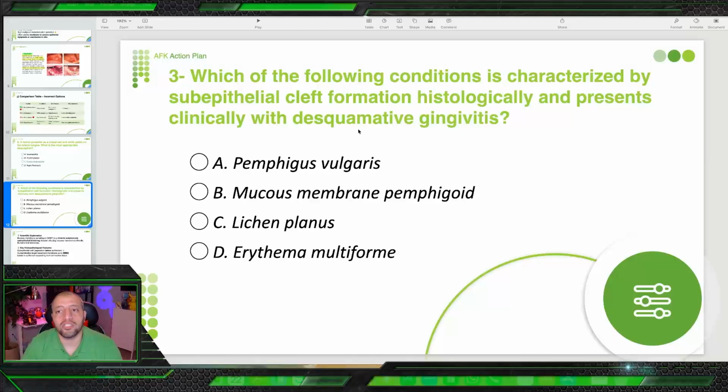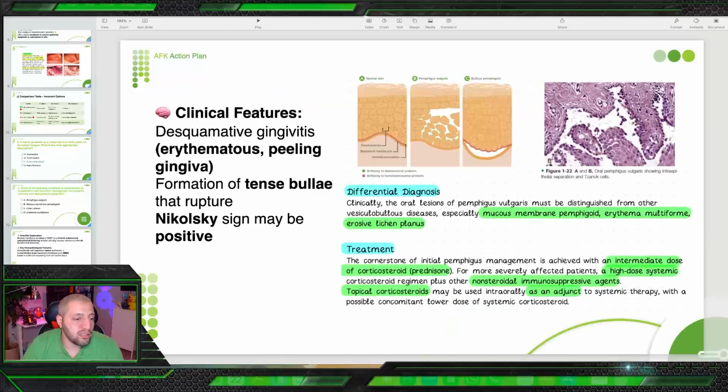So let's go back to the question. Here we have a condition with subepithelial clefting and desquamative gingivitis: pemphigus vulgaris, mucous membrane pemphigoid, lichen planus, or erythema multiforme. Let's understand this first before we discuss pemphigus vulgaris and mucous membrane pemphigoid.